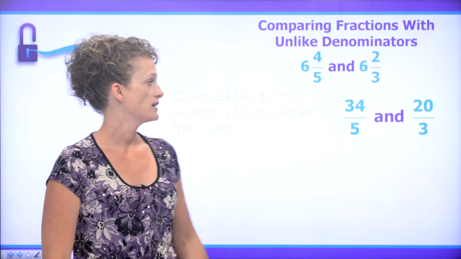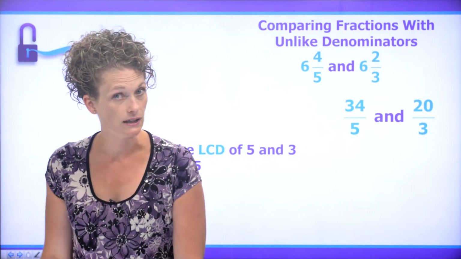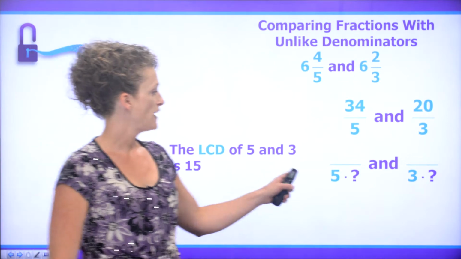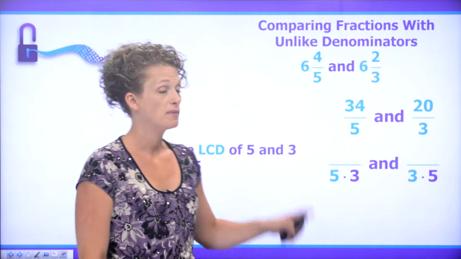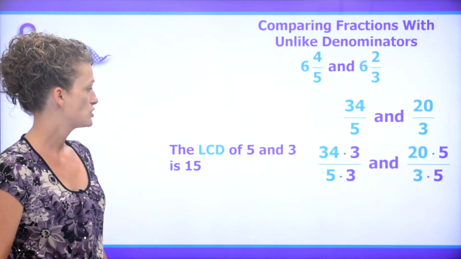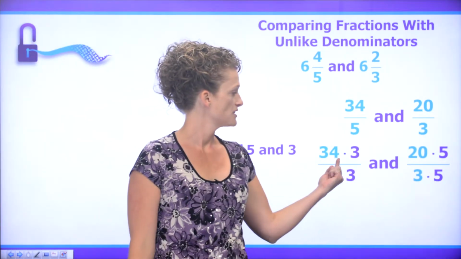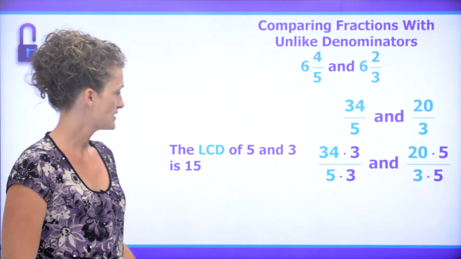So we're going to find the LCD of 5 and 3, which is 15. So what did we multiply 5 by, and what did we multiply 3 by? Well, we multiplied 5 by 3 and 3 by 5. So whatever we do to the bottom, we have to do to the top. So I multiply the top by 3 here, and multiply the top by 5 on the other side.